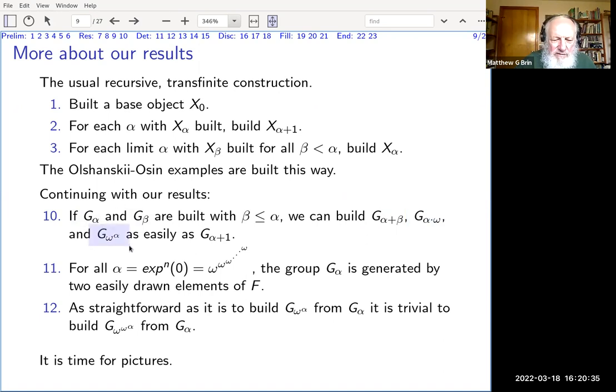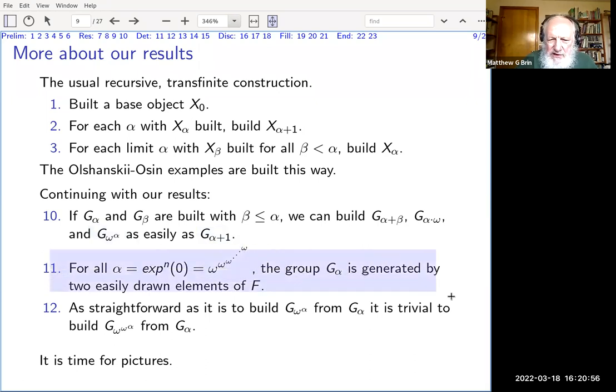In fact, I can even build the group corresponding to little omega to the alpha as easily as just building g of alpha plus 1. And in the previous slide, I said g of alpha plus 1 is just g alpha plus the integers. So that's actually a fairly strong claim.